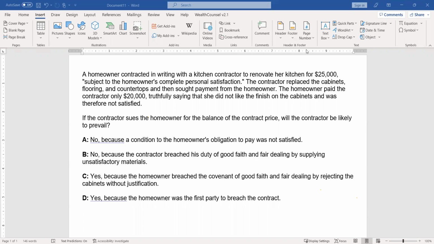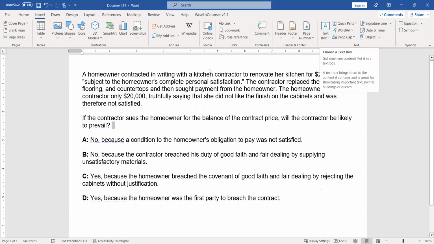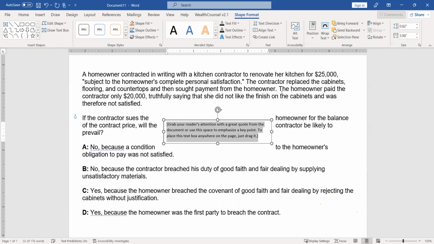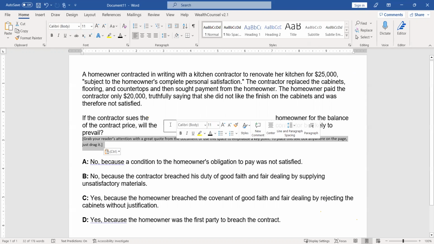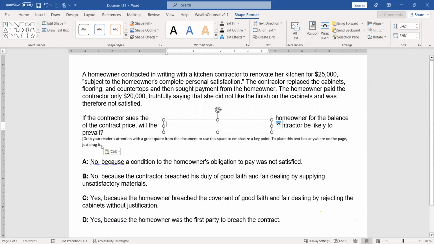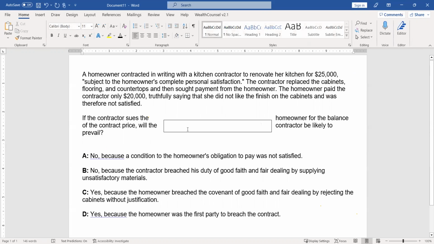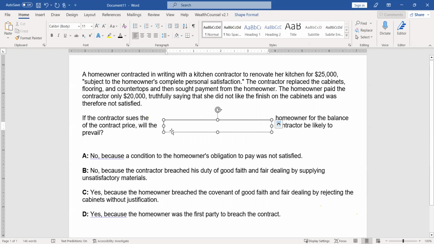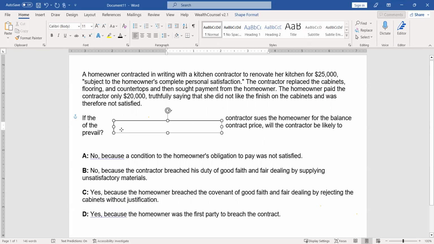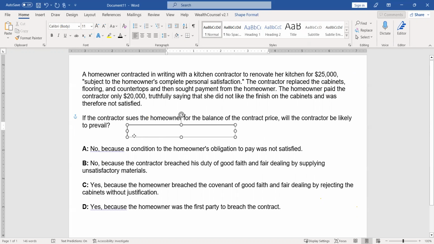From this, you should gather that it's a contracts question, and that it deals with wanting damages, so there may be a breach involved as well.